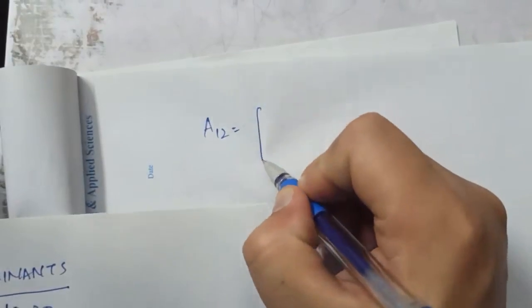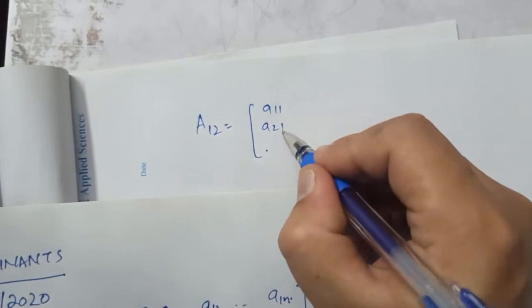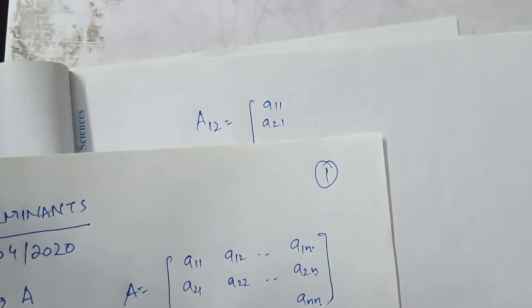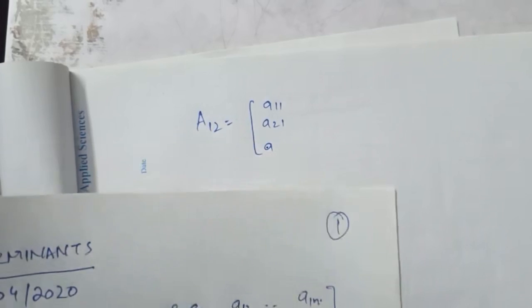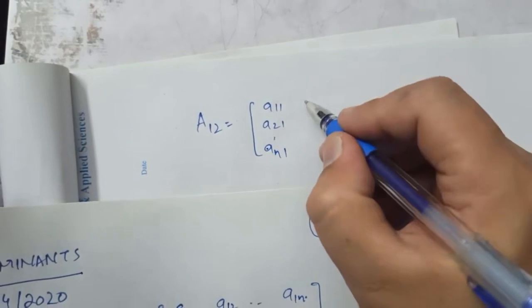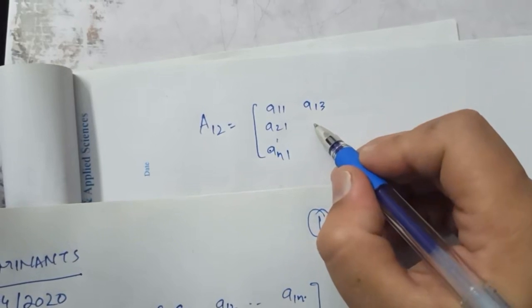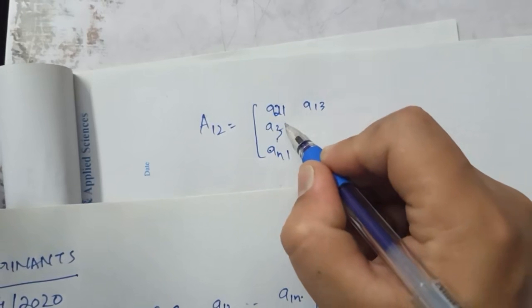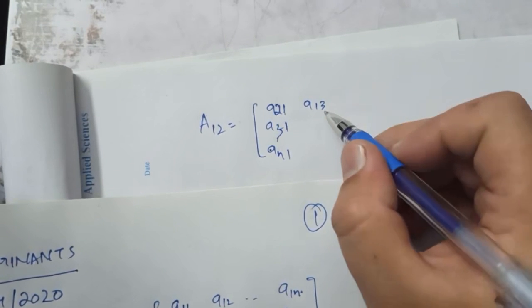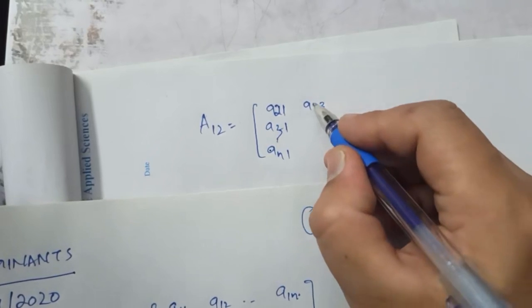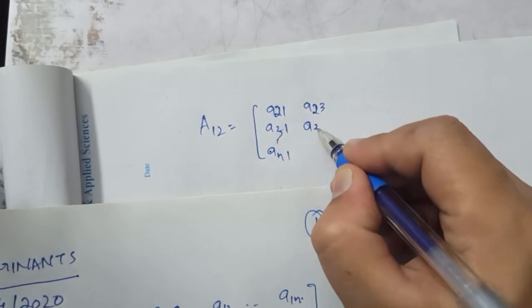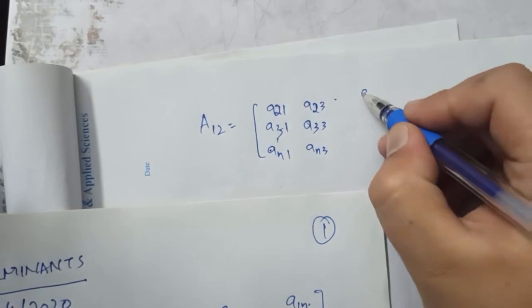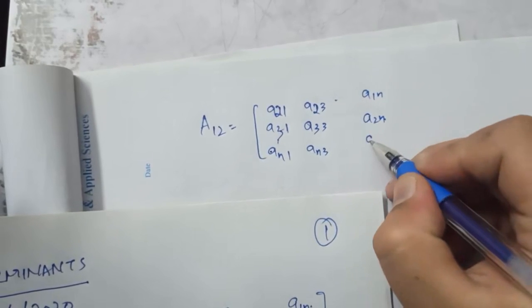So that becomes A21, A23 up to A2n, and so on, down to AN1, AN3 up to ANN.